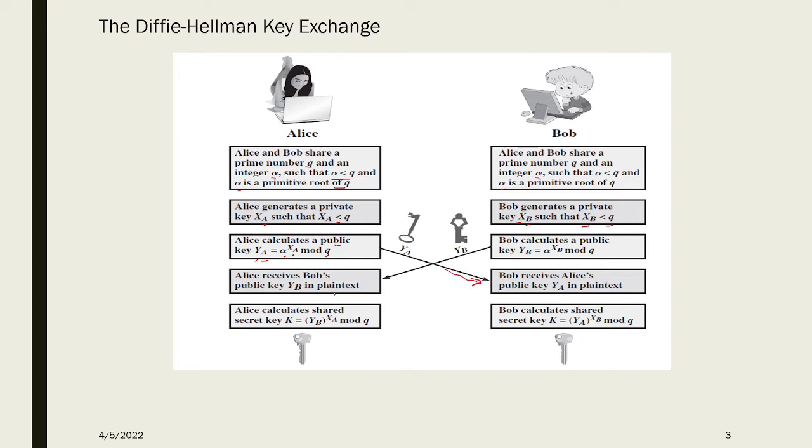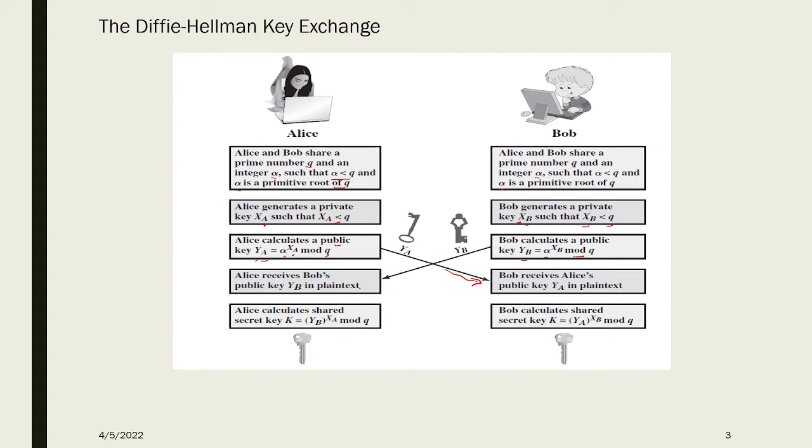On the other side, Bob also calculates his public key using the formula YB is equal to alpha power XB mod Q, and he shares the public key with Alice. So both Alice and Bob have now shared their public keys.